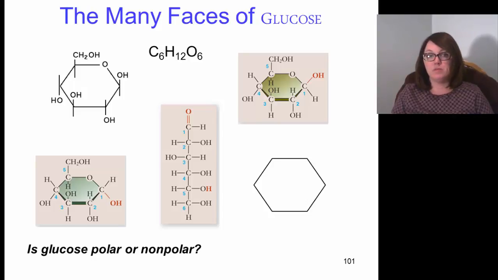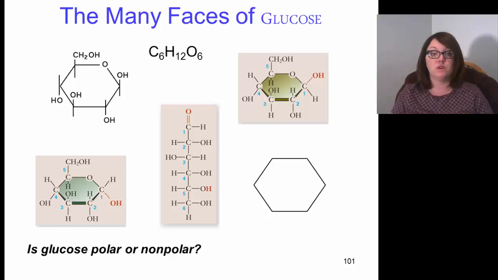So a lot of times people just start writing in shorthand and they assume carbons and hydrogens. Any place where two lines meet, there's a carbon. And if you have a line that's kind of going nowhere, there's often a hydrogen at the end of that. So upon closer inspection, that is actually glucose.